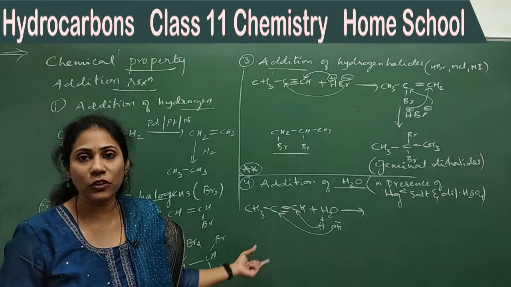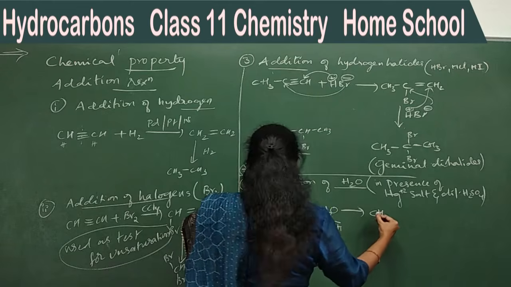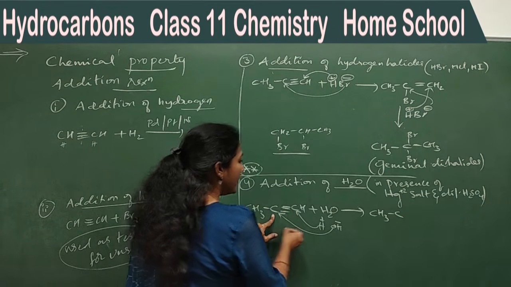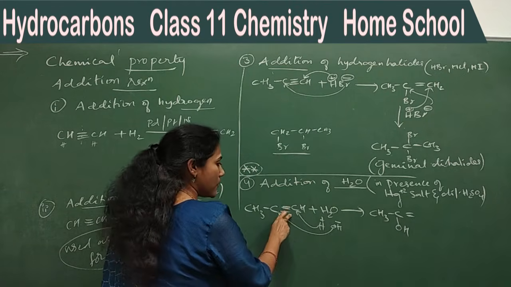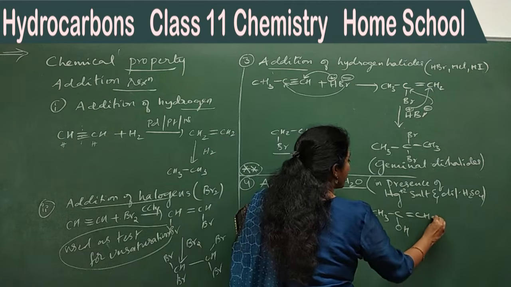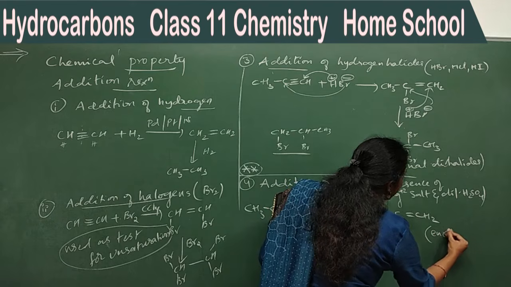We just followed Markovnikov's rule. So what is the product we get? CH3, C, and here OH, and the triple bond becomes a double bond, and this CH will become CH2. And actually this is called enol.